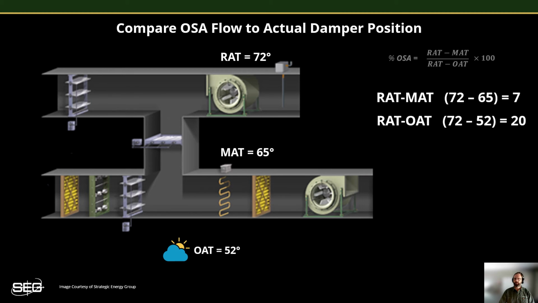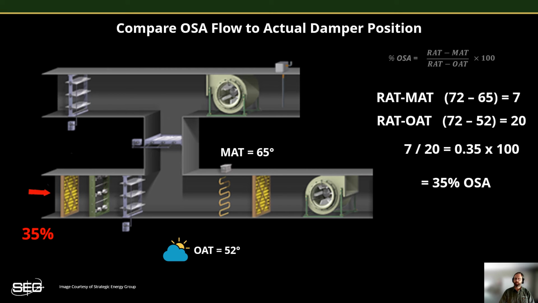The outside air temperature of 52, so 72 minus 52 equals 20. Then 7 divided by 20 equals 0.35, and multiplied by 100 equals 35% of this fan's total airflow is fresh air coming from the outdoors.